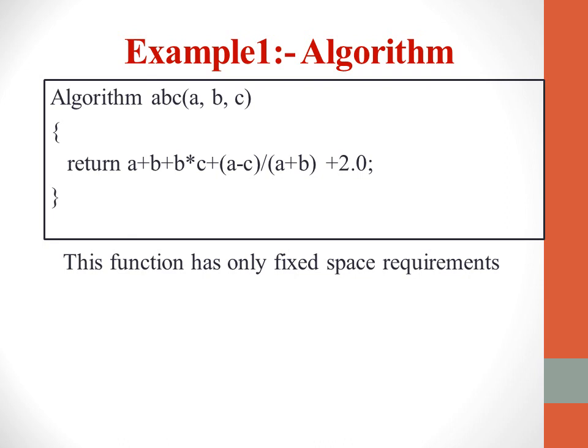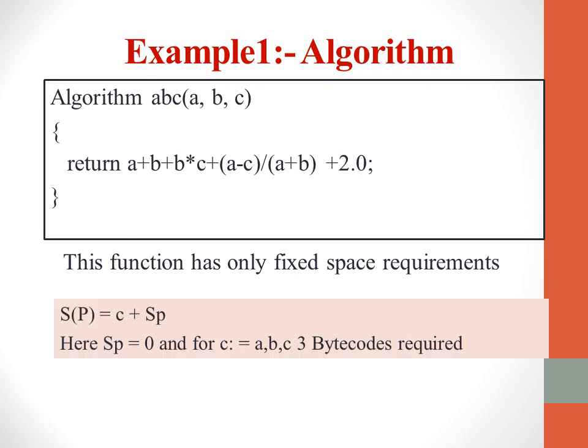So I can say that if I call the formula of memory space, S of p equals C plus S suffix p. Here for C, 3 byte codes are required because we have used 3 variables A, B and C. Each variable will need 1 byte code. So a total of 3 byte codes will be required for this algorithm to run.